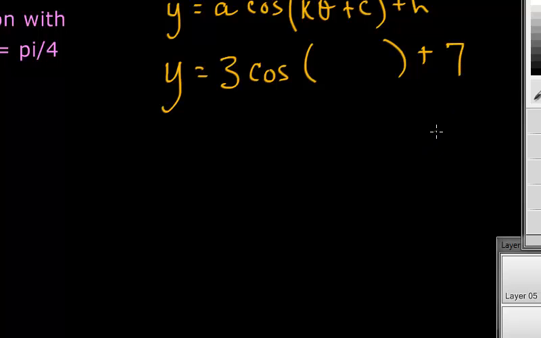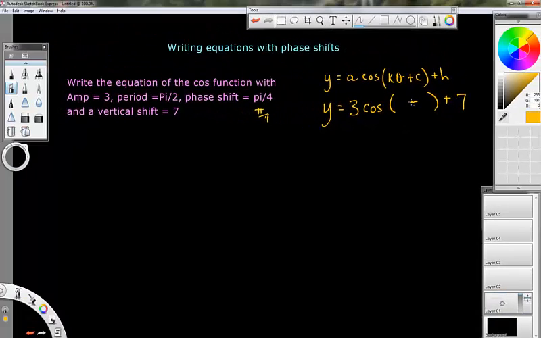And I know the sign in between this k theta plus c business is going to be negative. Why? Because the phase shift is positive. The phase shift is pi over 4, and that's positive here, so this has to be a minus, to shift it the other way. All right, so we got that.